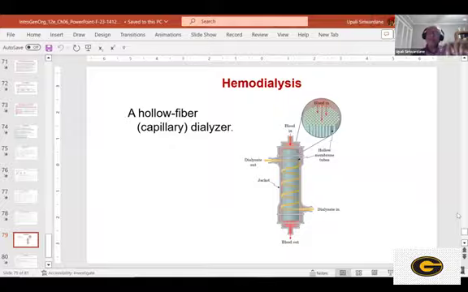Therefore, it's not semi-permeable only. Semi-permeable means only solvent is passed through the membrane. Hemodialysis involves a capillary dialyzer. Dialyzer removes water as well as small molecules like sugar, sodium chloride, and others with small particle size.